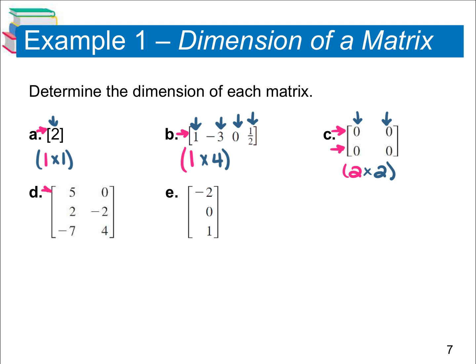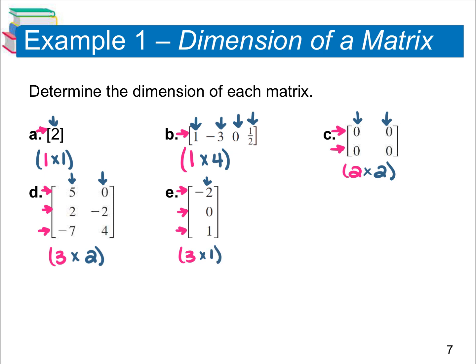So this one is giving you 3 rows by 2 columns. So that is a 3 by 2. For example E, you have the matrix -2, 0, 1. This one has 3 rows by 1 column. So that's just a 3 by 1.